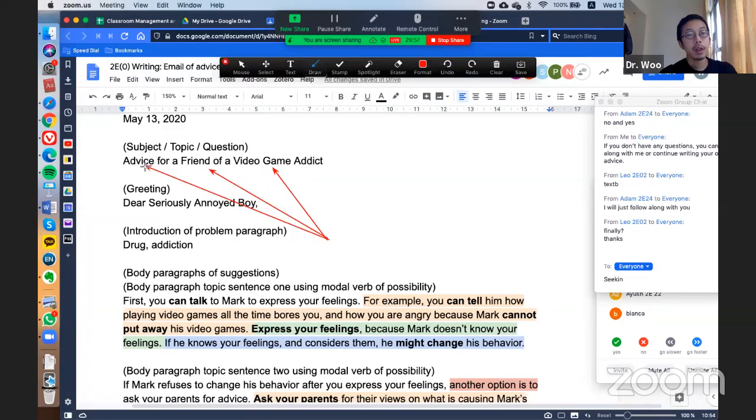All right. The title gives you an indication of what the email is about. And then you introduce these ideas in your introductory paragraph. Then you develop them.